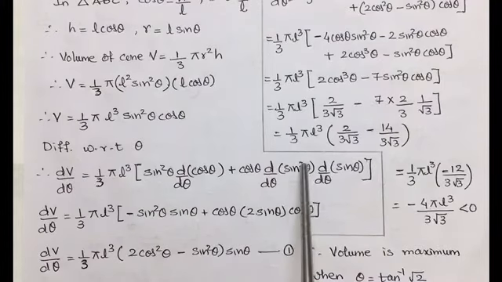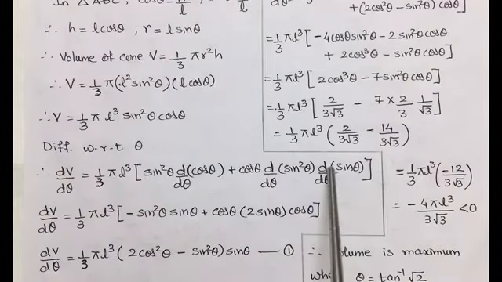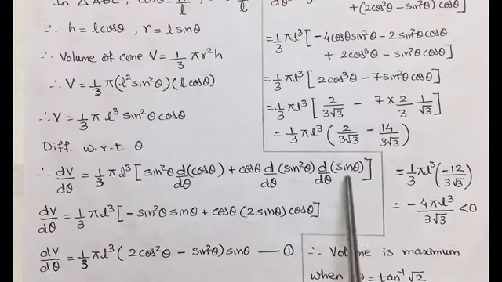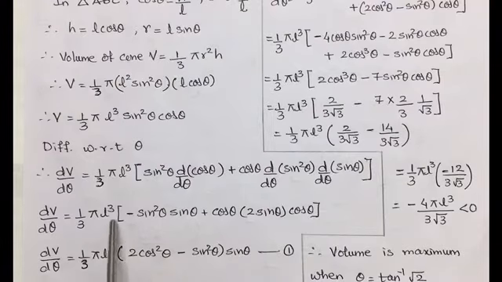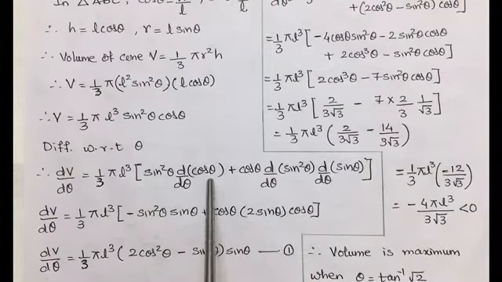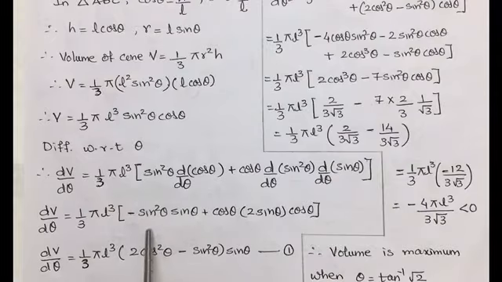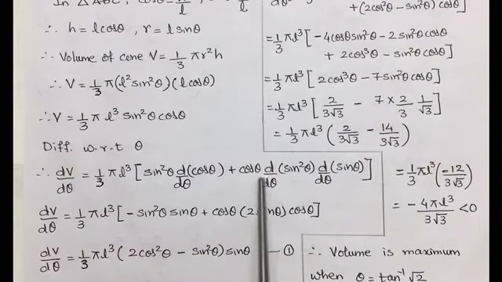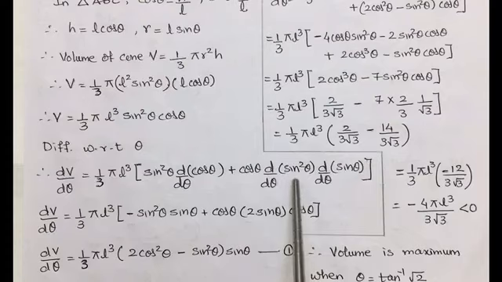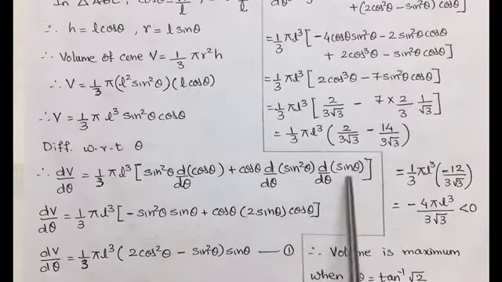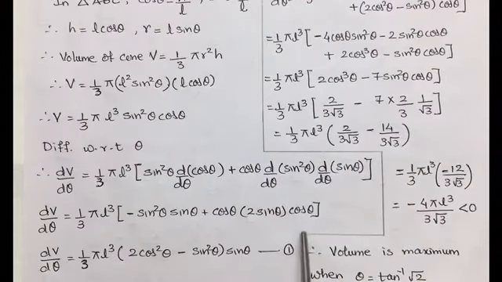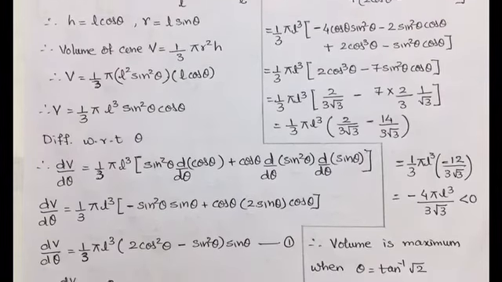Using chain rule of power, d by d theta of sin square theta and then d by d theta of sin theta. So we get dv by d theta is equal to 1 by 3 pi l cube. Derivative of cos theta is minus sin theta, cos theta as it is. Derivative of power becomes 2 sin theta, and the derivative of sin theta is cos theta.